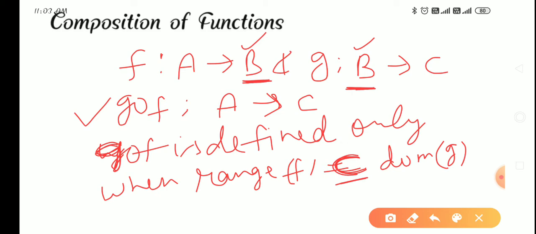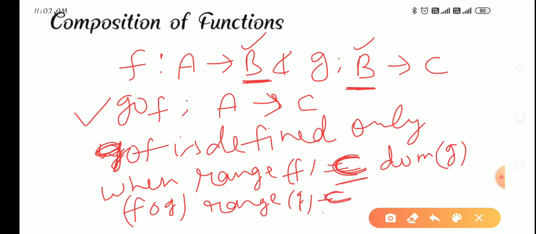Here in this case you can say range equals domain. So range is the improper subset of domain, we can say. Range of f is the improper subset of domain of g. Or if you are taking fog, it will be defined when range of g is the subset of domain of f.